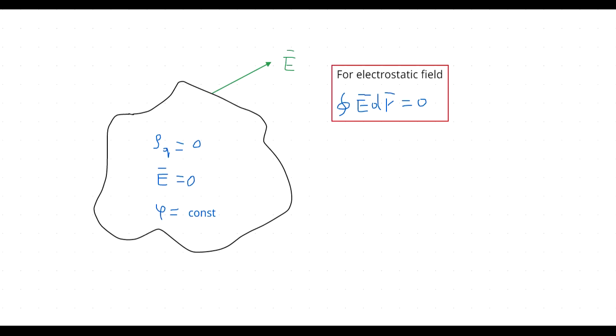That is impossible. So it means that the angle between the electric field intensity vector and the surface of the conductor is always the right angle.